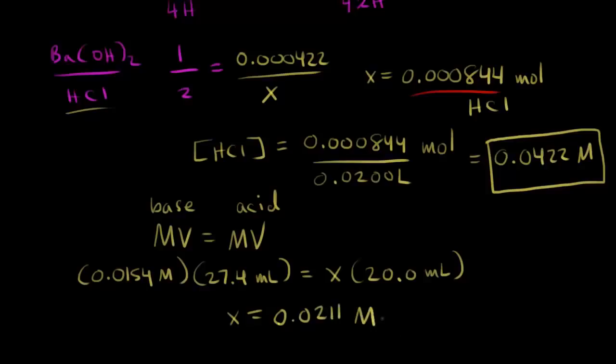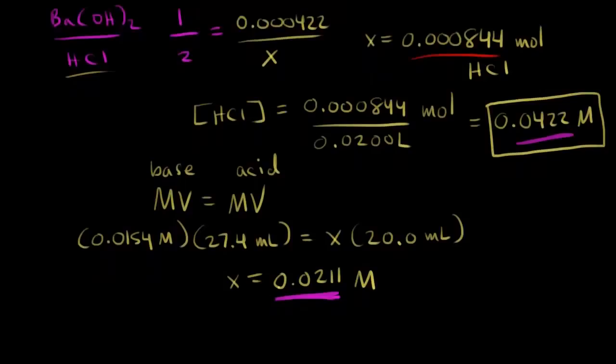And so you can see that's not the correct answer. Here we got a concentration that's half of the concentration that we got when we did it the longer way. And so if you want to use this shortcut way for this problem, you would have to multiply by 2. If you multiply your answer by 2, then you get the correct answer, 0.0422 molar.